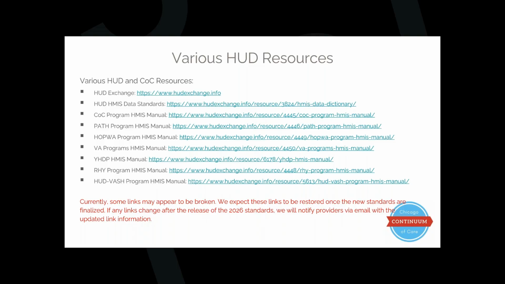So some of these links might not be back up just yet, but the expectation is that once the 2026 standards get finalized, all of these links should be updated with the appropriate new standard information. So just because it doesn't work today, I would check back to confirm. If any of these links do change, we will send out a more up-to-date list of links.